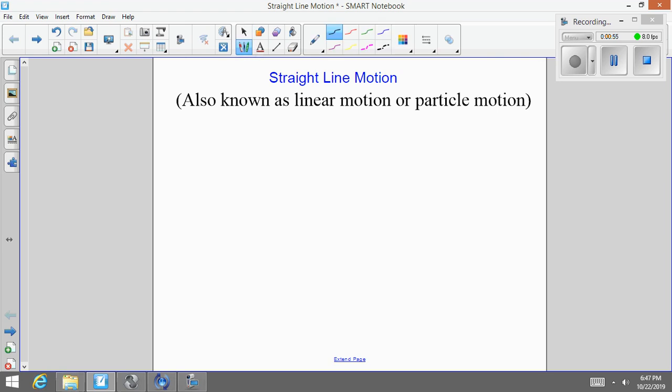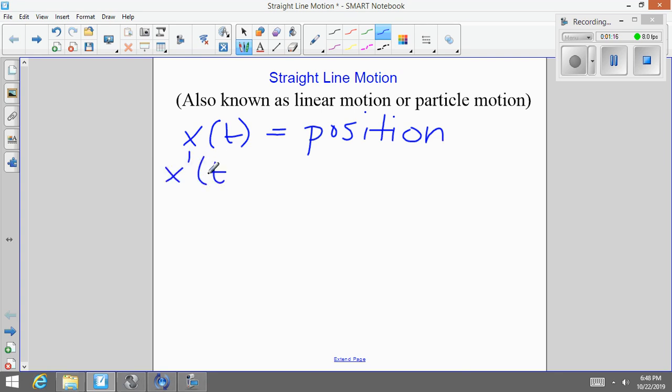Sometimes you'll see it written as s of t, but most of the time it's represented as x of t. So if x of t is the position function, then the velocity function is the derivative of position. So x prime of t would equal the velocity function.